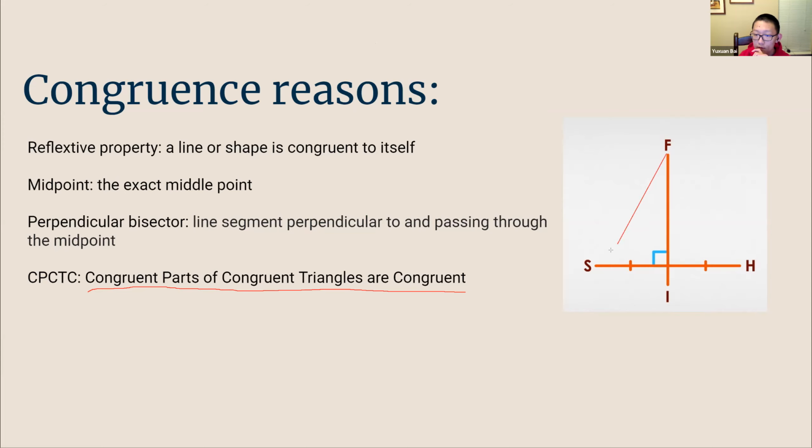So if we draw a triangle here, and we draw a triangle here, and then we label our point right here, T, as always, we can show CPCTC. First we need to prove that two triangles are congruent. That is what CPCTC is used for.